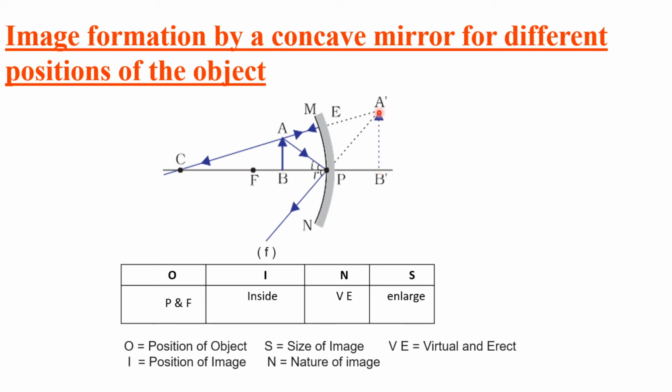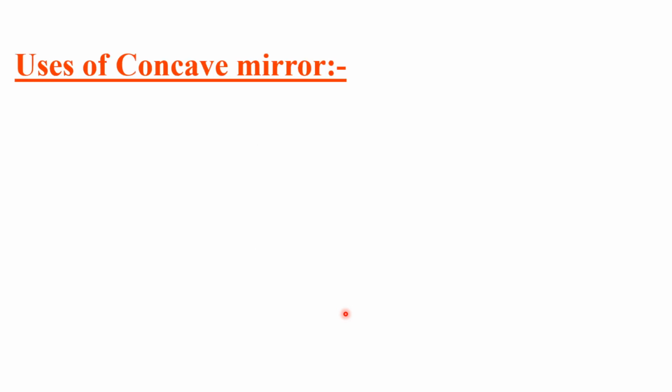So image will be formed here, and the image now will be virtual and erect and it will be enlarged. So in first 5 cases we had seen the nature of image to be real and inverted, and in this last case when the object is placed between P and F, it will be virtual and erect.